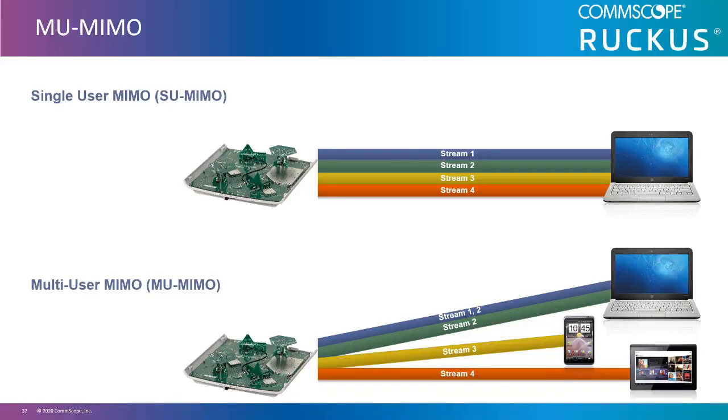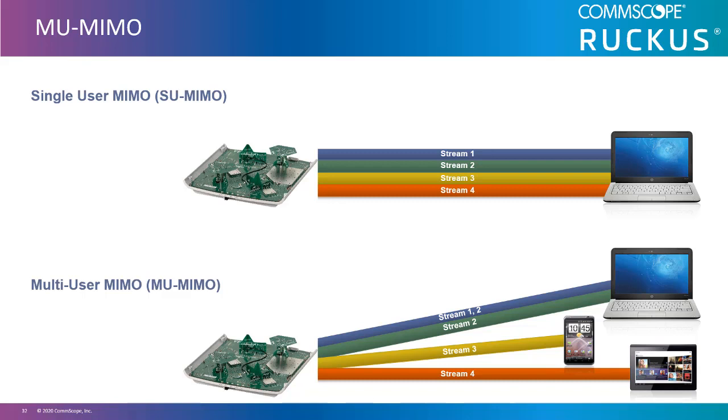By using multi-user MIMO, I could have a PC or smartphone using 2 streams each, and other clients with 1 stream each. Multi-user MIMO allows me to beamform my transmission, allowing 2 streams to be used for a PC, assuming that it has multi-user MIMO capabilities, and 1 stream to a smartphone, using another stream for a tablet as well.